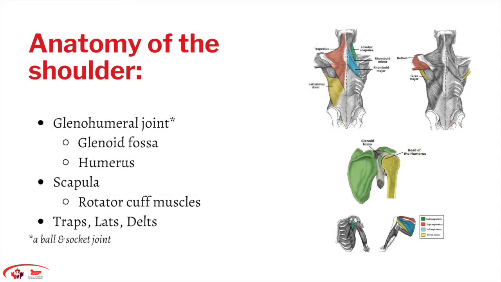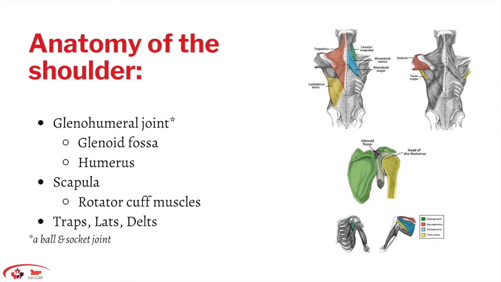Moving on to the anatomy of the shoulder. So the shoulder is a ball and socket joint made up by the glenoid fossa and the humerus. So that's the glenohumeral joint. You can see that in the second illustration. It's also made up of the scapula and your rotator cuff muscles, and I think most of you have probably heard of your traps, lats, and delts.